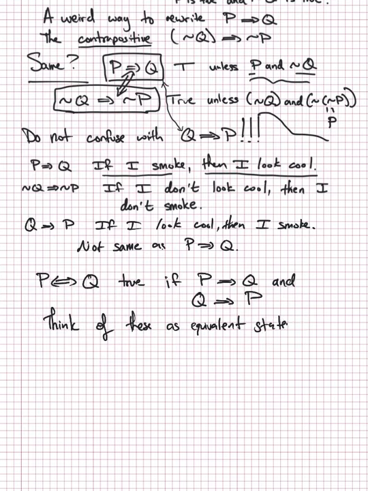So you might say this is kind of silly. I mean, we're saying P implies Q. If P is true, then Q is true, and if Q is true, then P is true, why are we doing this at all? So it's useful to characterize, well, just say something in terms of something else.